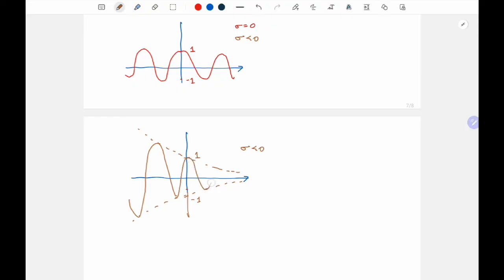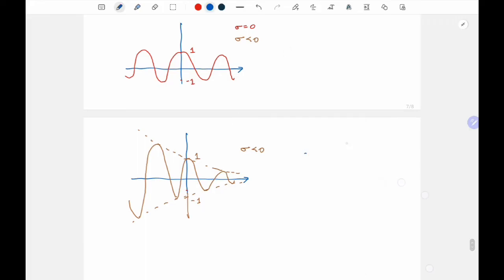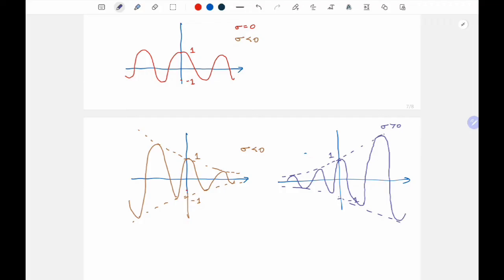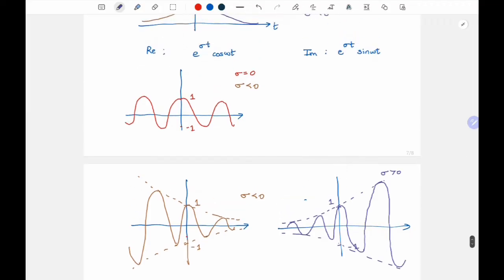And what about sigma greater than 0? It will be the opposite of this. For sigma greater than 0, between 1 and minus 1, it will be a growing function. So we'll have something like this. And what about the sine case? It is the same, just that it will be phase shifted to represent a sine.